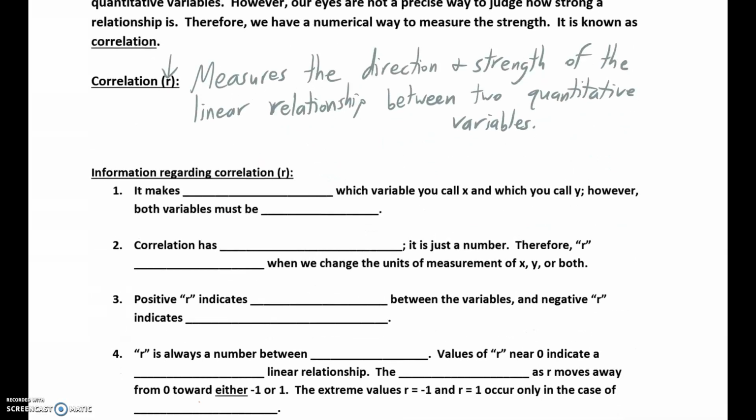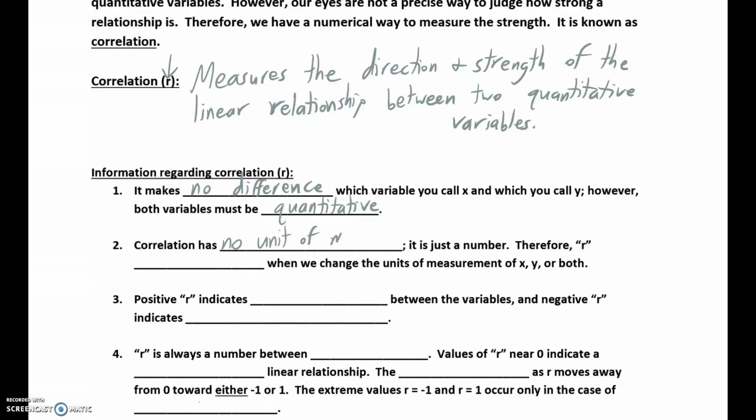So, a couple pieces of information here regarding correlation. First, it makes no difference which variable you call x and which one you call y. Yesterday we talked about explanatory and response variables. Doesn't matter, correlation doesn't care, but both variables must be quantitative. If they're not quantitative, you can't calculate correlation. Another cool thing about correlation, and this is why there's no difference between x and y, is that correlation has no unit of measurement.